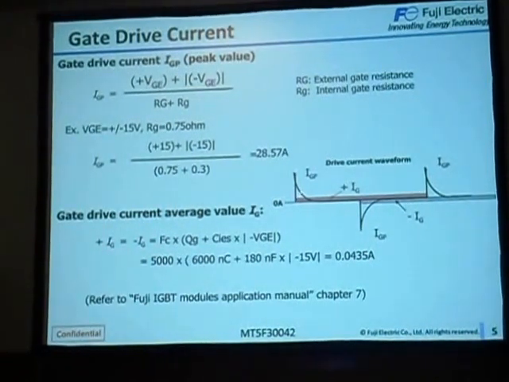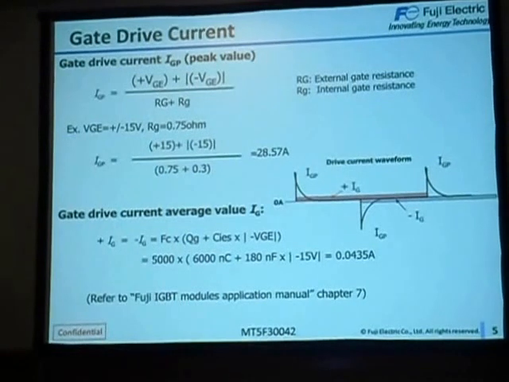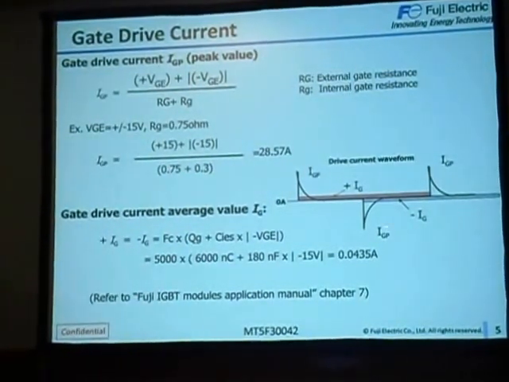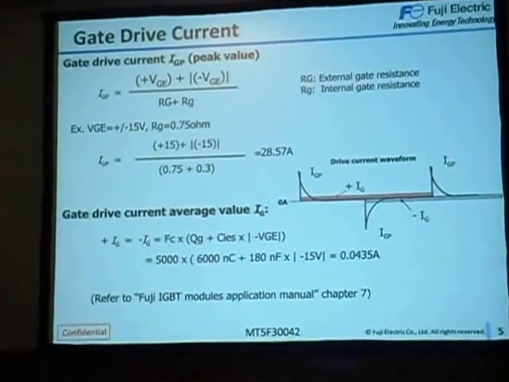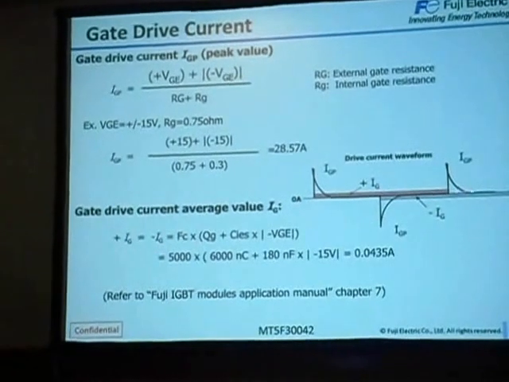So the peak current is quite big, but the average current is not so big. Please design your gate drivers based on this current breakdown. The power supply needs a high peak current, but the total power is not so big.